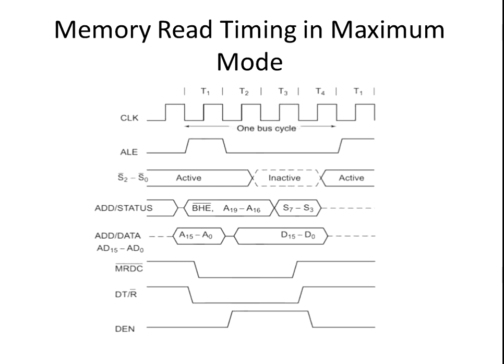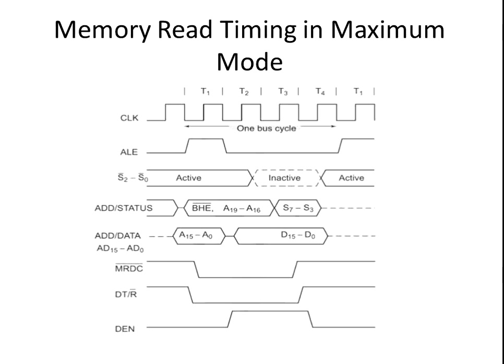Remaining all are similar to our read cycle in minimum mode. Here we can see S0 to S2 are actually active from the starting itself. Remaining all are the same, and here one more command is there, that is the memory read command.